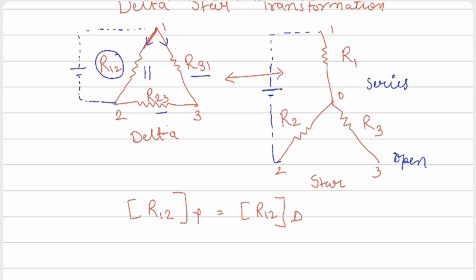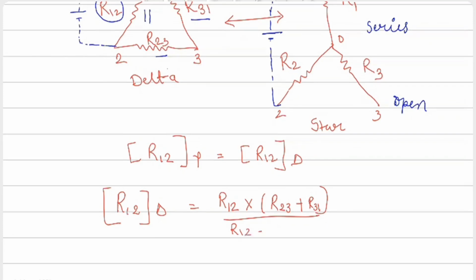Okay, so if I want to write down the equation for R12 delta, it would be R12 into (R23 plus R31), the whole divided by R12 plus R23 plus R31.